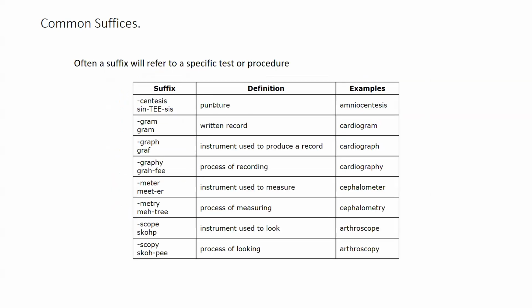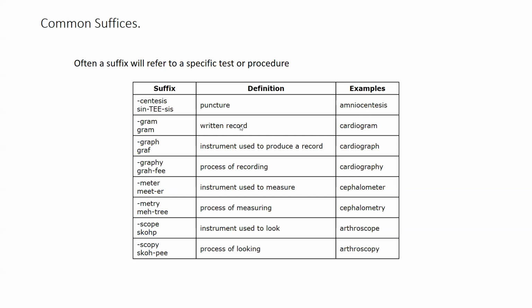Centesis literally means to puncture. However, I will say this, it almost always is used to mean to puncture, but then to withdraw some fluid. So, for example, an amniocentesis is performed on a pregnant woman where they puncture the membrane around the embryo or around the fetus and withdraw some of the amniotic fluid.